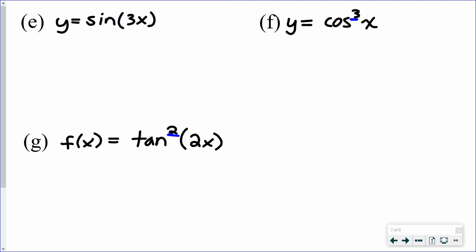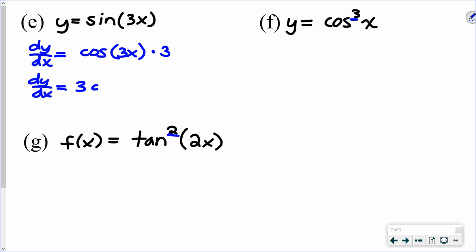So I'll just start with the T in ETA, and dy dx would end up equaling derivative of sine is cosine, okay, of 3x, keep the angle the same, but then times the derivative of the angle, so then times 3. And then to simplify, we'll just put the 3 in front of the trig function. So we get 3 times cosine of 3x.